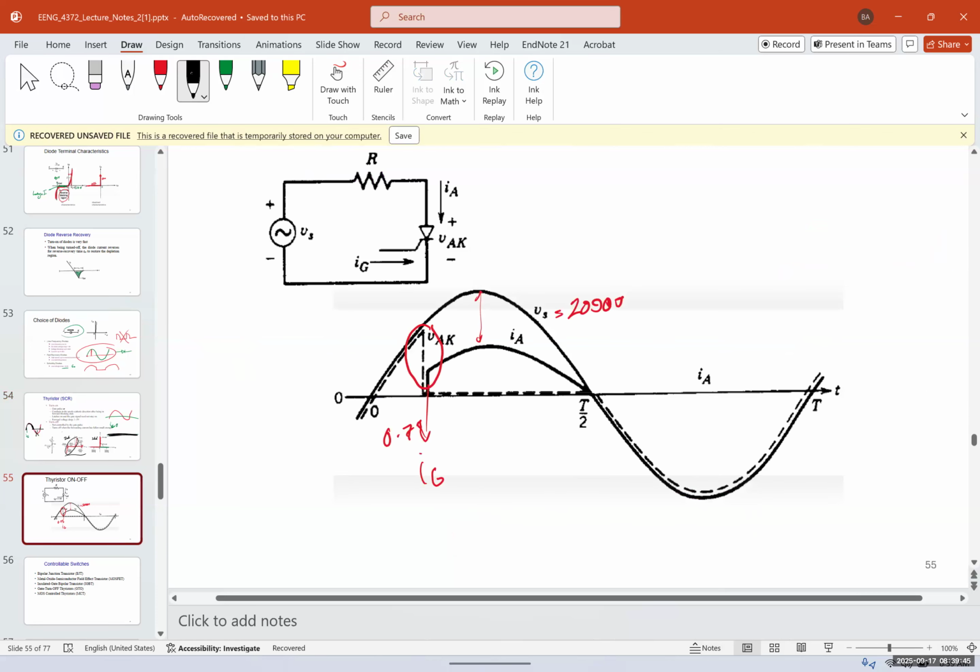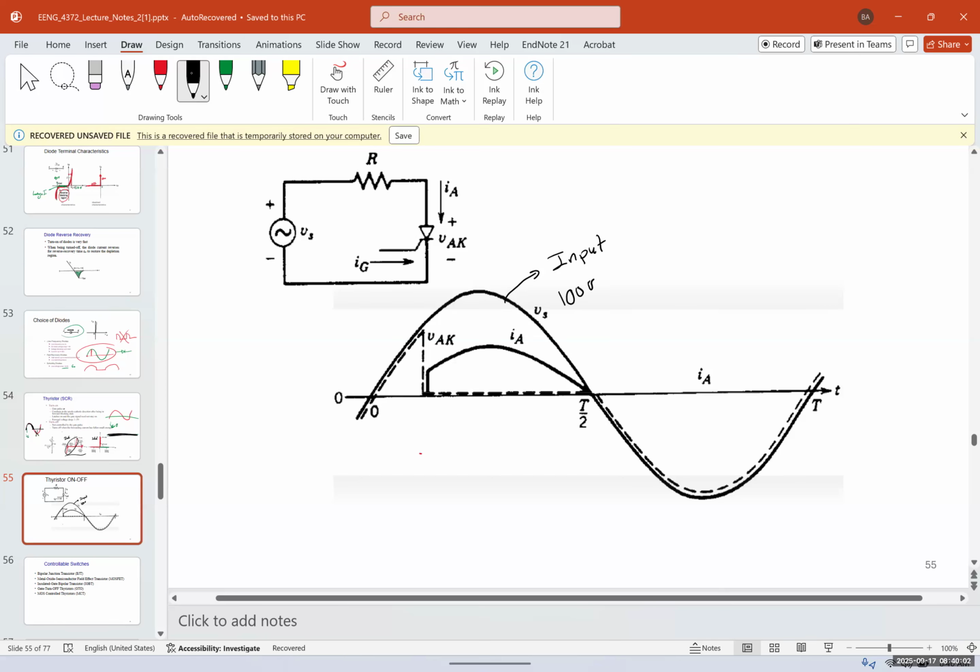Now, a thyristor turn on looks like this. So Vs is our input signal. Let's say this is 100 volts or something like that.